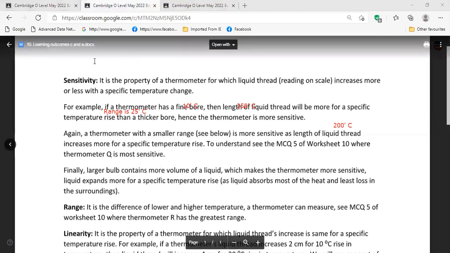So that one you can write. I am writing here. Sensitivity, this is the fourth factor. Sensitivity also depends on liquid expansion ability.